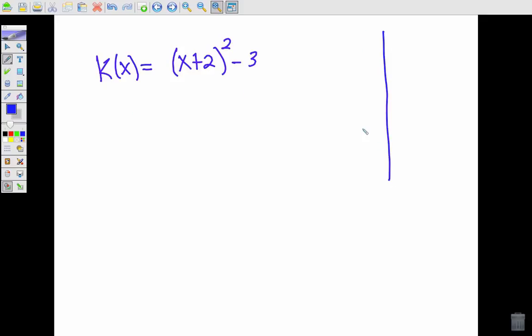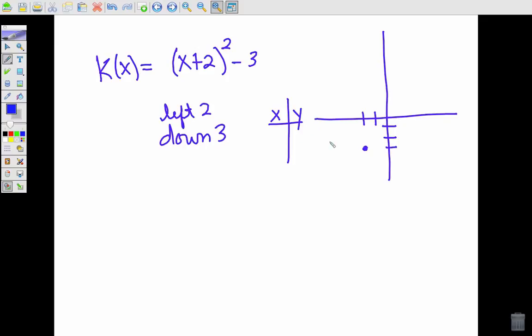Okay, let's go ahead and try to sketch this. So I know that the 2 and the 3 mean left 2 and down 3. I do not have a vertical stretch to it.